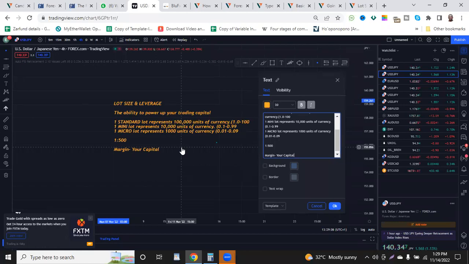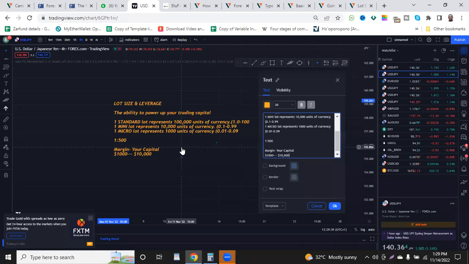So let's say you funded your account with $1,000. Your margin is $1,000. Then you can trade this $1,000 as if it is $10,000. Why are you able to do that? Because of leverage. Leverage allows you to trade your capital as though it is more.